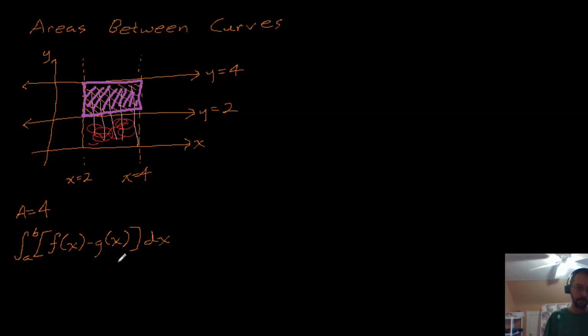And in this case, to set up this integral, we would have the integral from 2 to 4 of f of x is 4 minus g of x is 2. So as I showed, we're taking the bigger one and subtracting away the smaller one. We're taking the one that's farther from the x-axis and subtracting away the one that's closer to the x-axis.